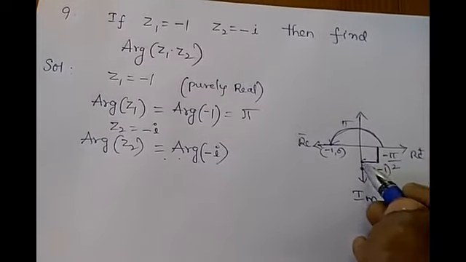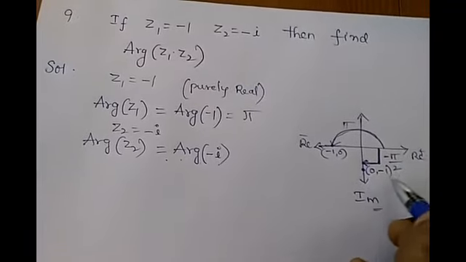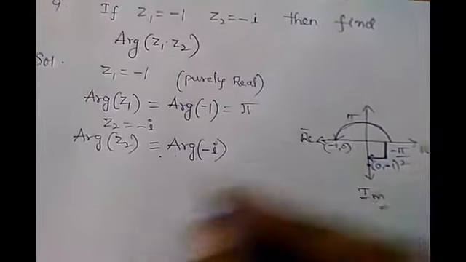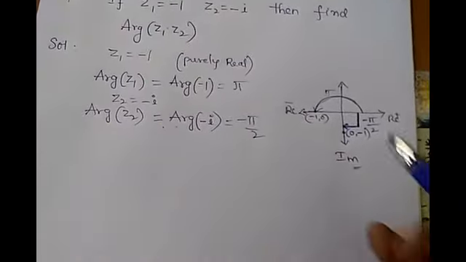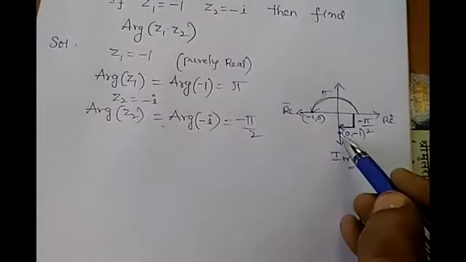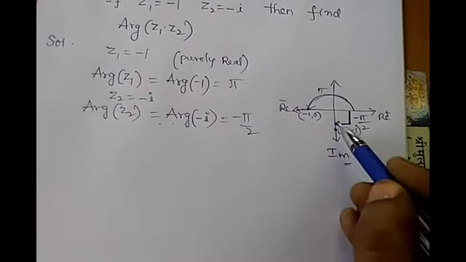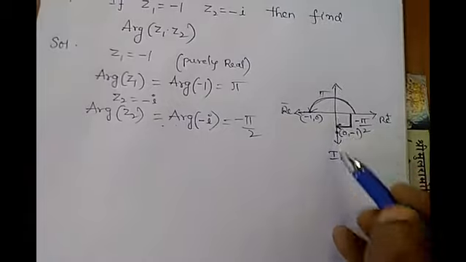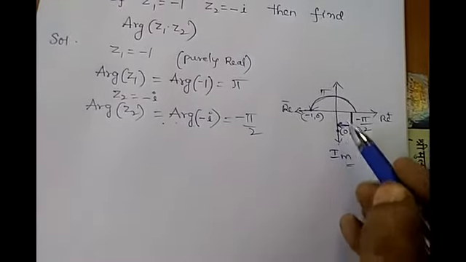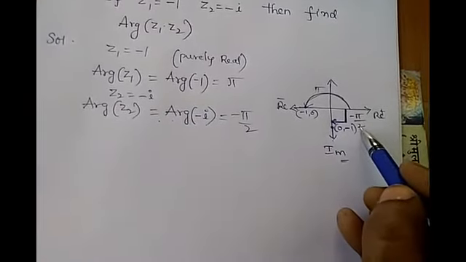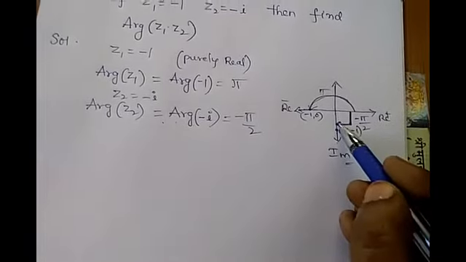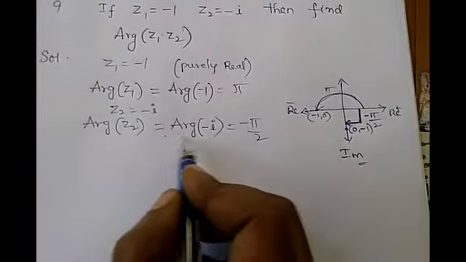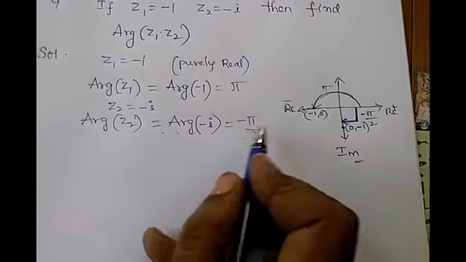What is the angle of this point with the positive real axis? Minus pi by 2. Minus i lies on the negative imaginary axis, which makes minus pi by 2 angle with the positive real axis in the clockwise direction. So argument of minus i is minus pi by 2.